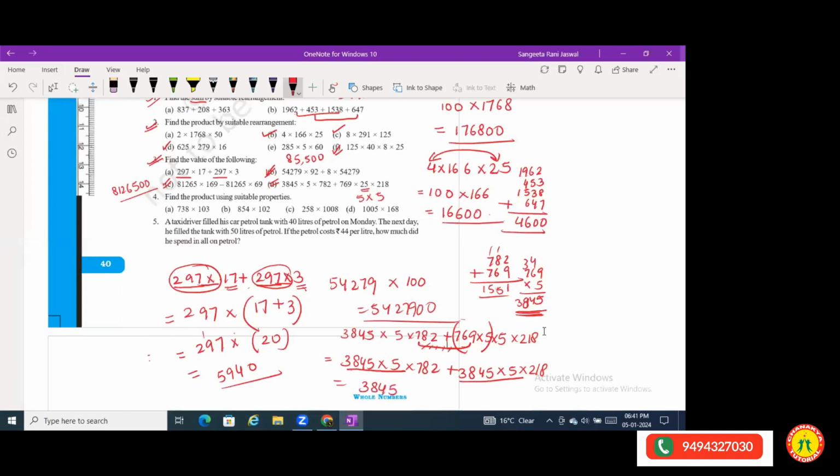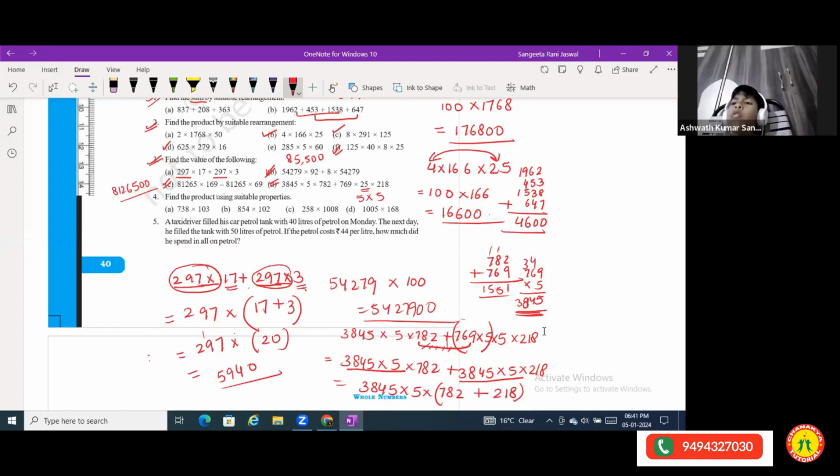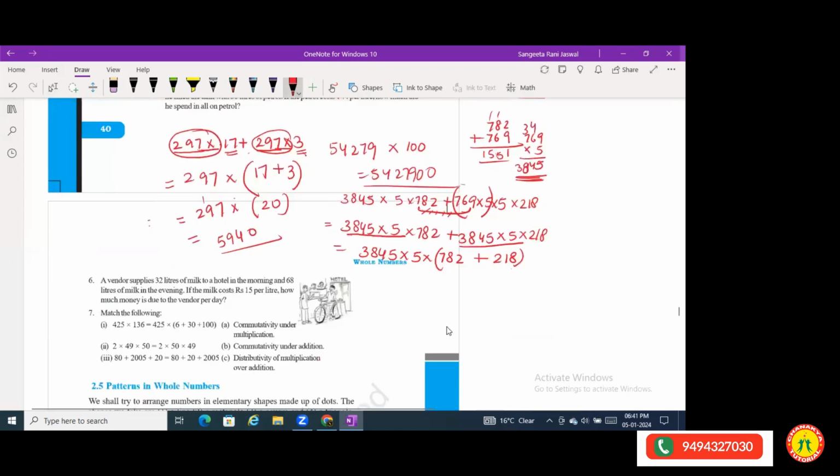I take out this 5 also, common outside. Then what I'm left with is 782 here, and then 218 here, and this plus sign. Ma'am, the addition of 782 and 218 is equal to 1000. Okay, that is 1000. Good. So when I add these two numbers, I get 1000.